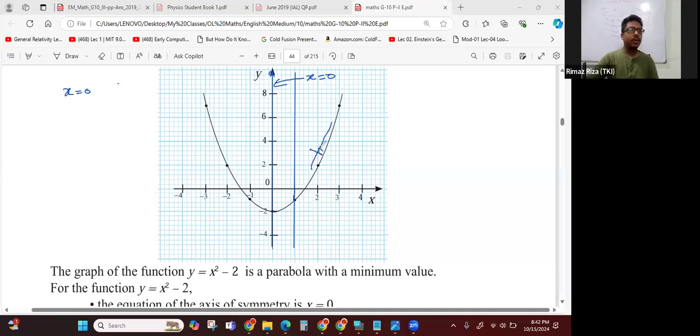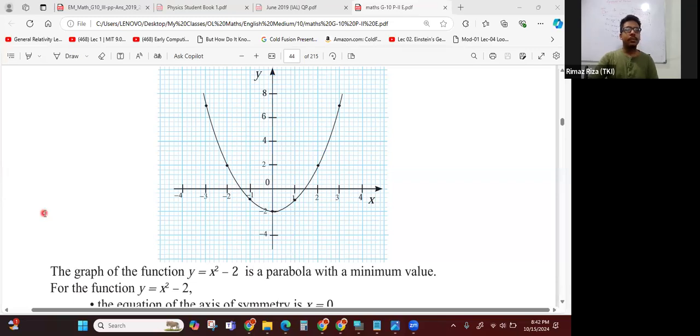This won't be the object and this won't be the image. They will not coincide. But if you keep the mirror here only, the image and the object will coincide. So this axis is known as axis of symmetry.